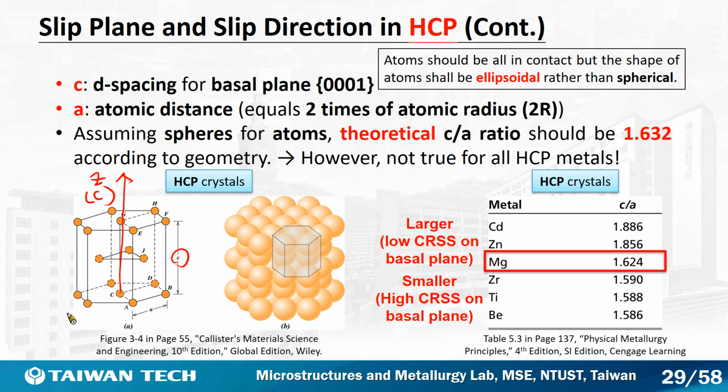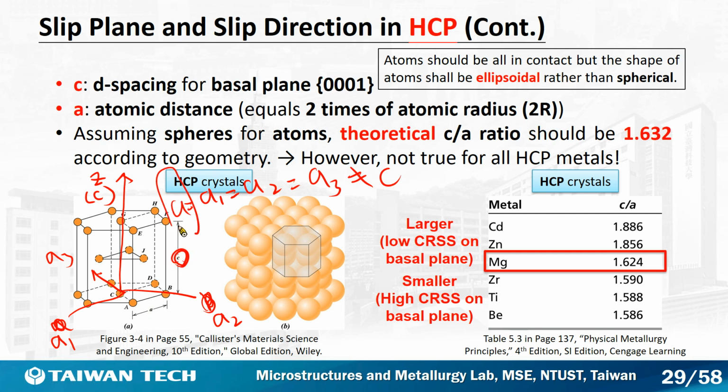And here for the A, you can draw it, for example, like this: A1, A2, A3. For these three, A1 equals A2 equals A3, not equal to C. So we will have a C over A ratio here.